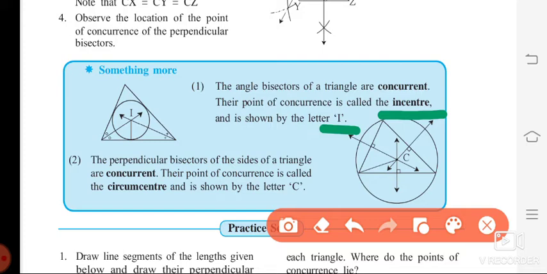Next, once again we are going to revise: the perpendicular bisectors of a triangle are concurrent.